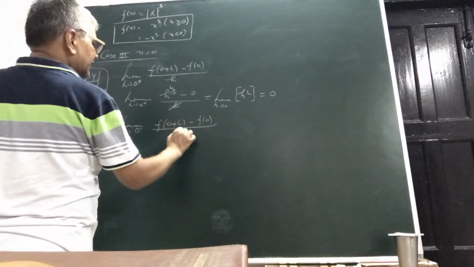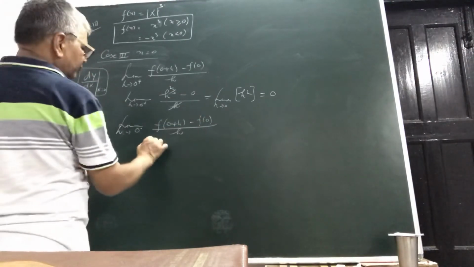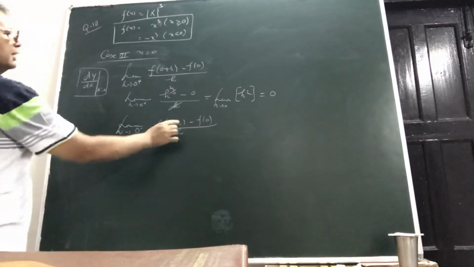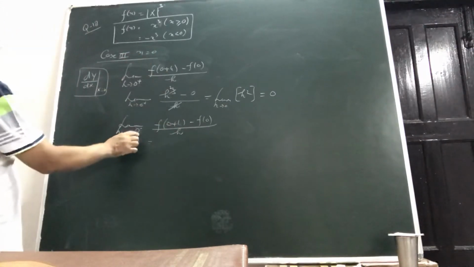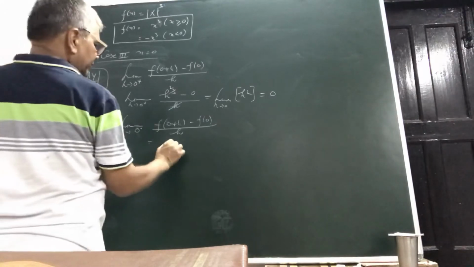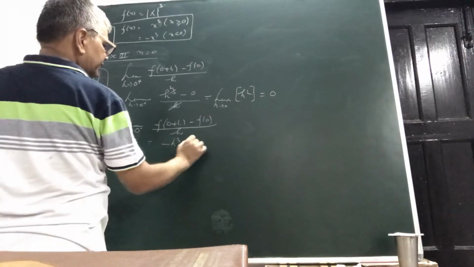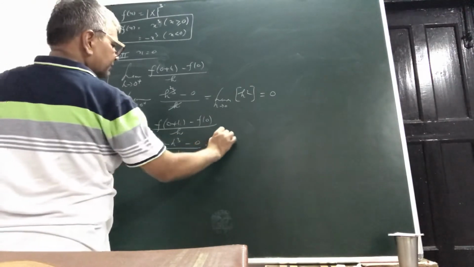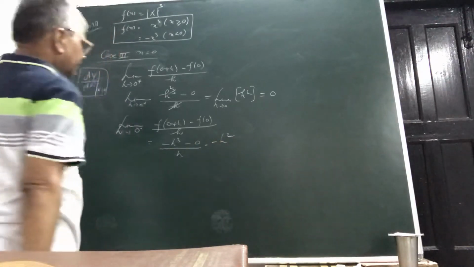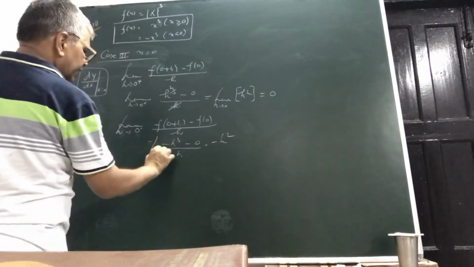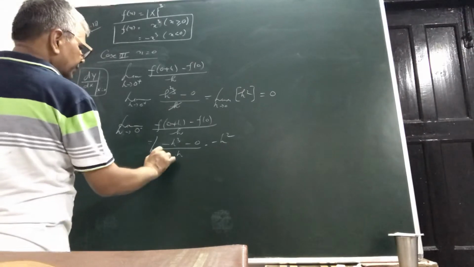Let us calculate. This will fetch me f(h), and h is on the minus side here, so it will be minus h cube minus 0 upon h. So this is minus h square, and the limit of course is h tending to 0 minus.